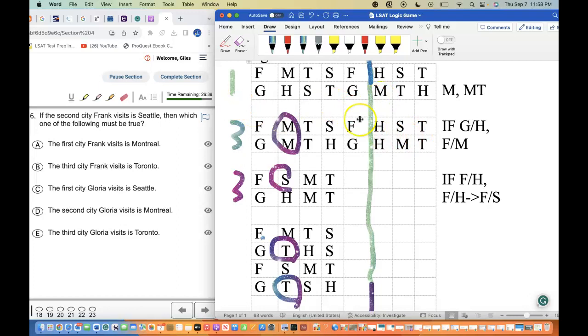Alright, now this is going to be for game 6 right here, and if I need to circle it, we're going to have it right here, and the one above it too that we just created. Okay, the first city Frank visits is Montrose, I don't see that to be true. The third city Frank visits is Toronto, I do see that to be true.